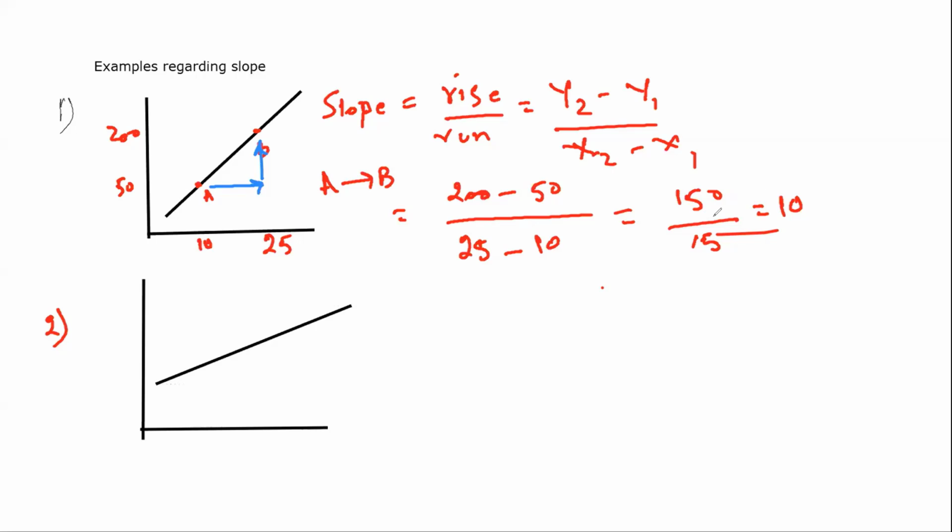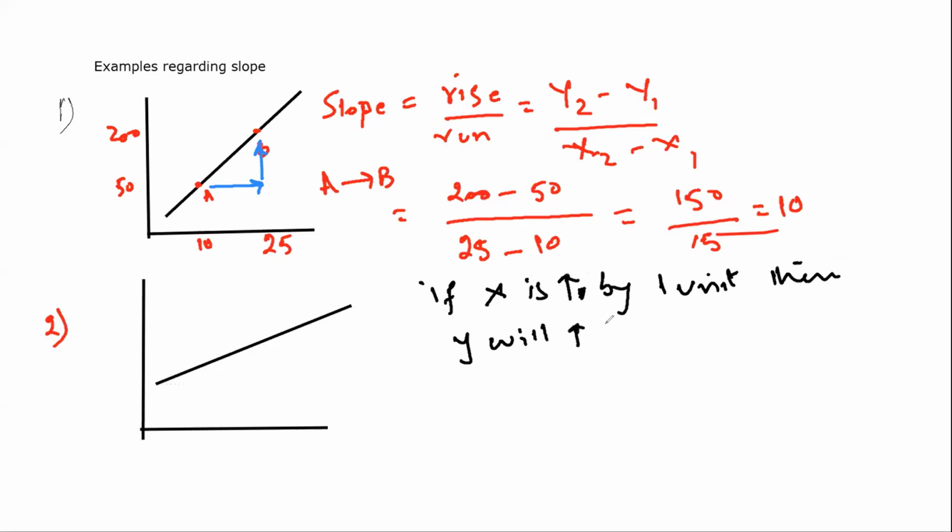Before going to this graph, let's interpret that graph. What does 10 mean? Slope 10 means if x is increased by, an arrow means increase, I'm writing in short, as x is increased by 1 unit, then y will increase by 10 units.